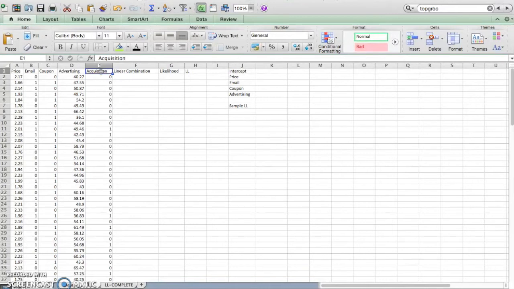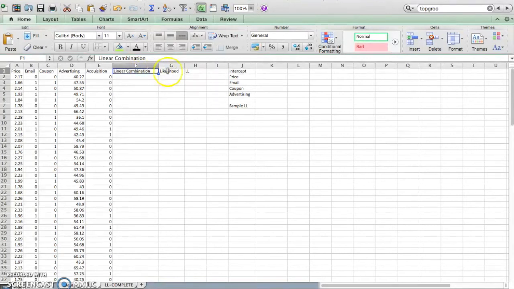Since a prospect making a purchase is a binary choice, this data will follow a Bernoulli distribution. Columns A through D represent our X variables, and column E represents our outcome. Column F will contain our linear combination, comprised of an intercept and the impact of each of the marketing activities.